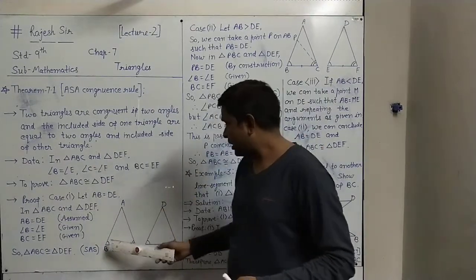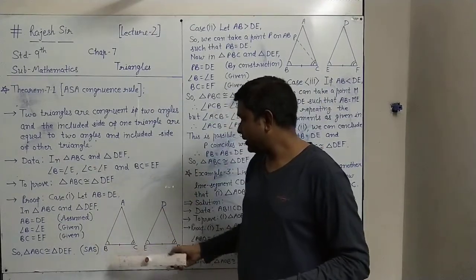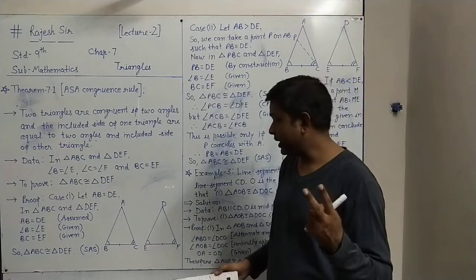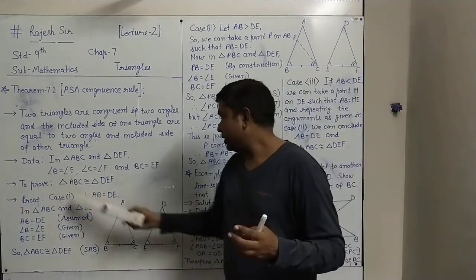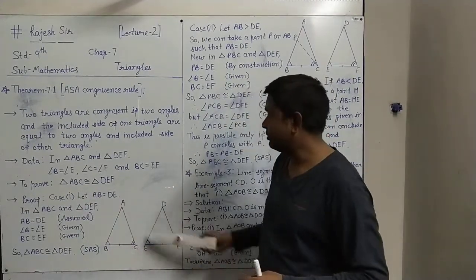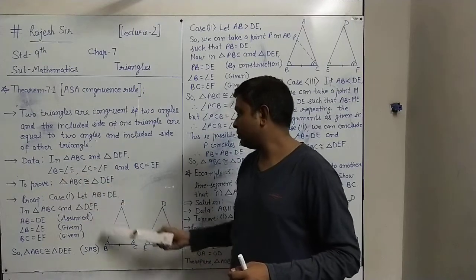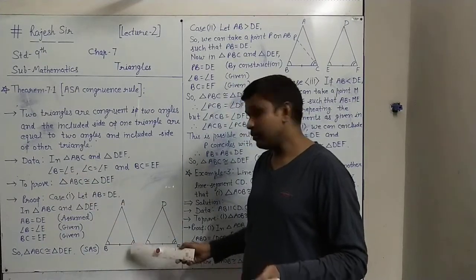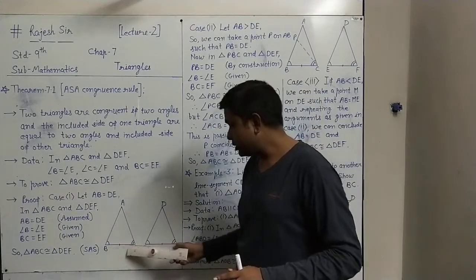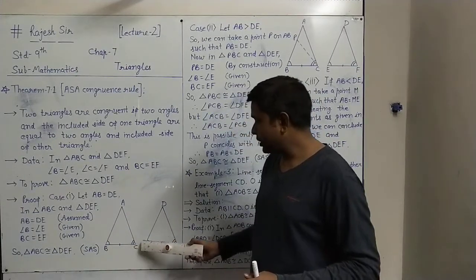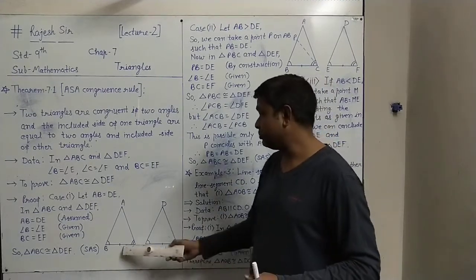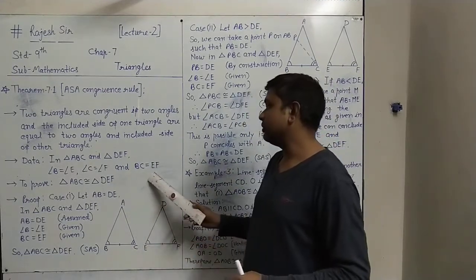Angle B equals angle E, and the other angle is angle C and angle F. Two angles of this triangle are equal to the two angles of this triangle, and the included side of these two angles, BC, and EF in this triangle, are also equal. That is, BC equals EF is also given.